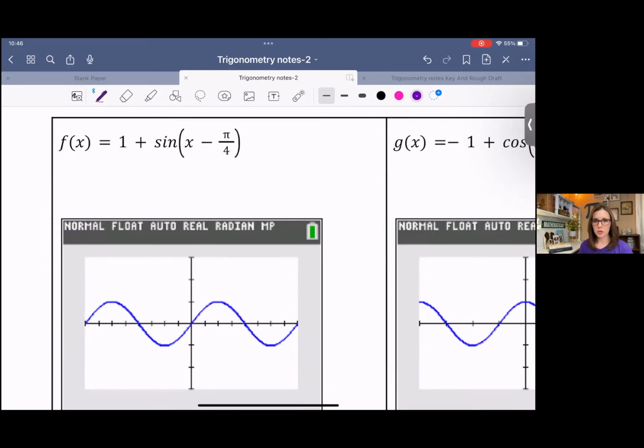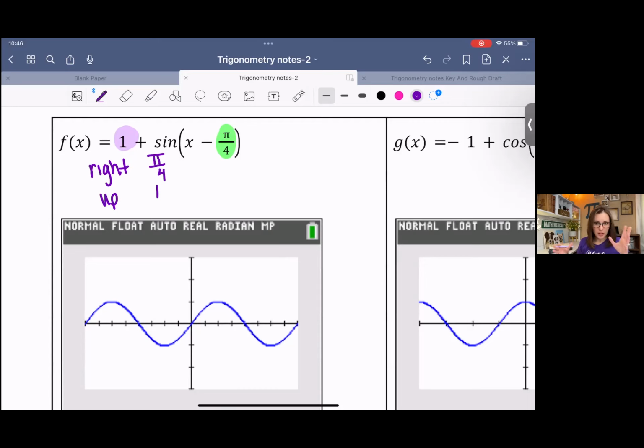So all I have to do is look at this transformation and go, okay, horizontal movement is inside. So I have horizontal movement of pi over 4. That means I'm going to go right pi over 4. And then I have vertical movement outside of a positive 1. So that means I'm going to go up 1.